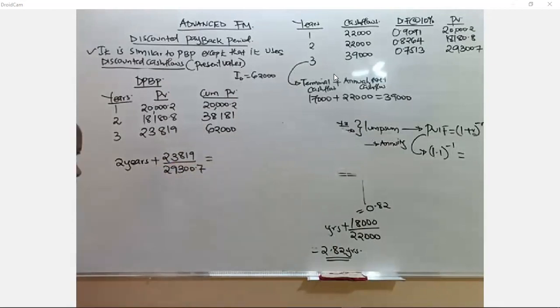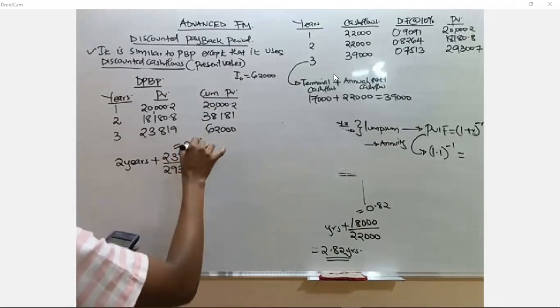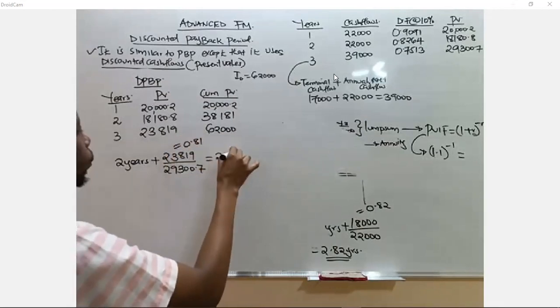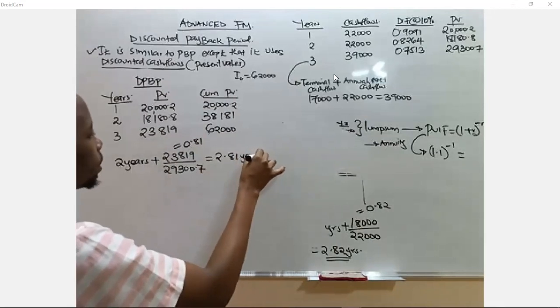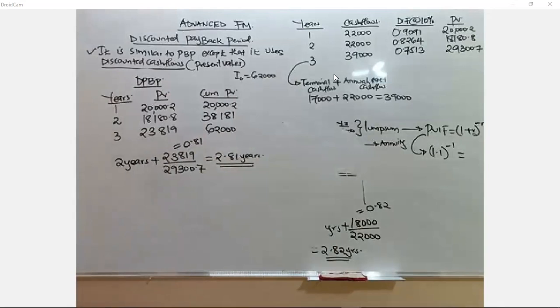So how much is this? Getting 0.81. So I just require 2.81 years.